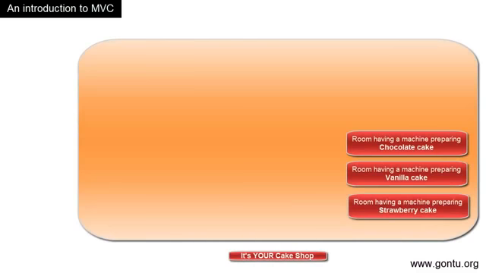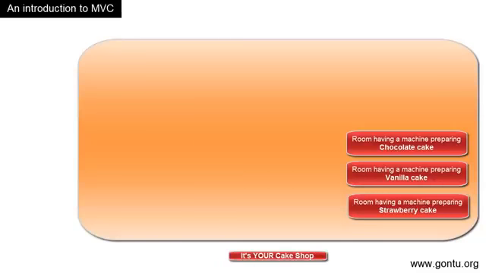Say you own a cake shop and this is how you have organized your shop. You have 3 rooms in the shop. Each room has a different machine installed which has a capability to prepare a specific type of cake. So the machine in the first room prepares a chocolate cake and the machines in the second and third room prepare a vanilla and a strawberry cake respectively.